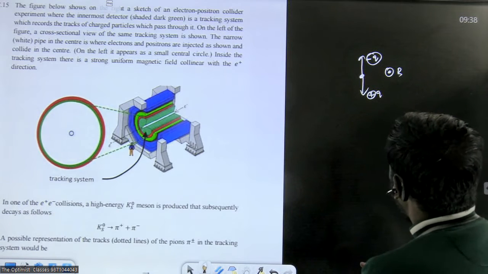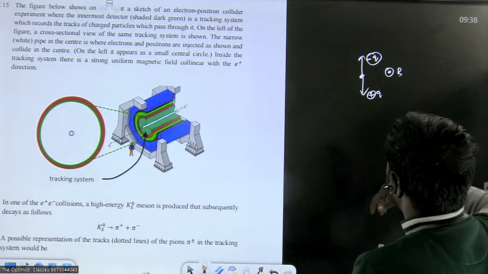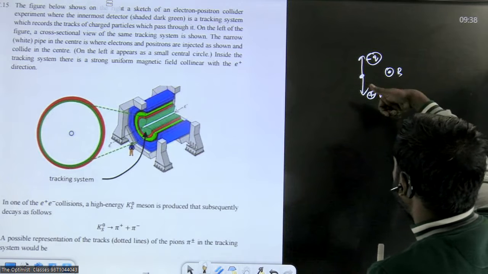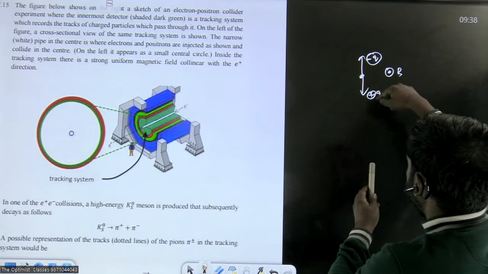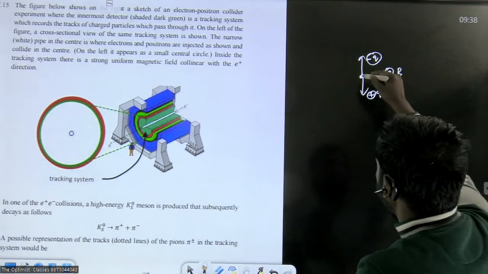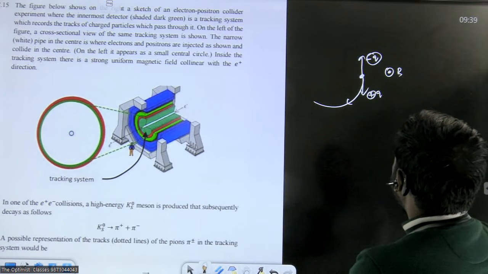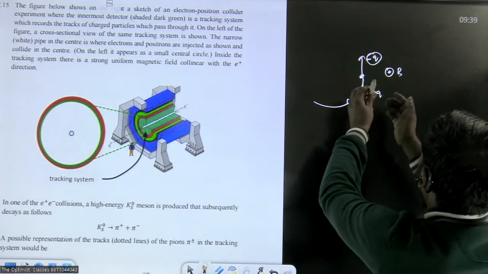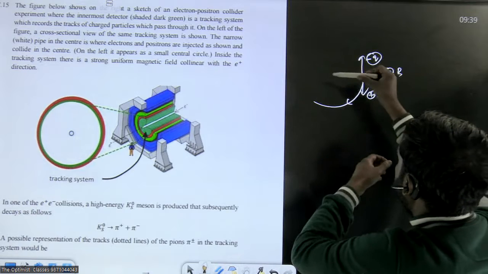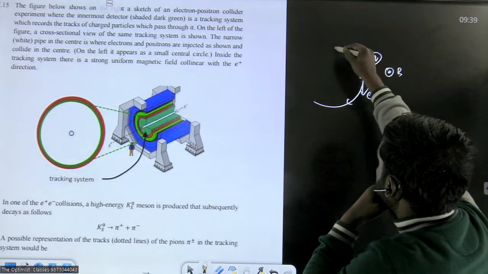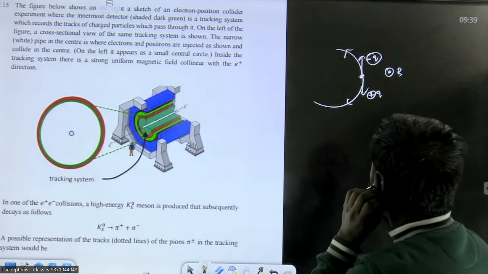If you calculate the force v cross B on this positively charged particle, it will be in this direction, so it will deviate like this. Now if you calculate v cross B force on this one, it will be in this direction, so it will deviate like this.